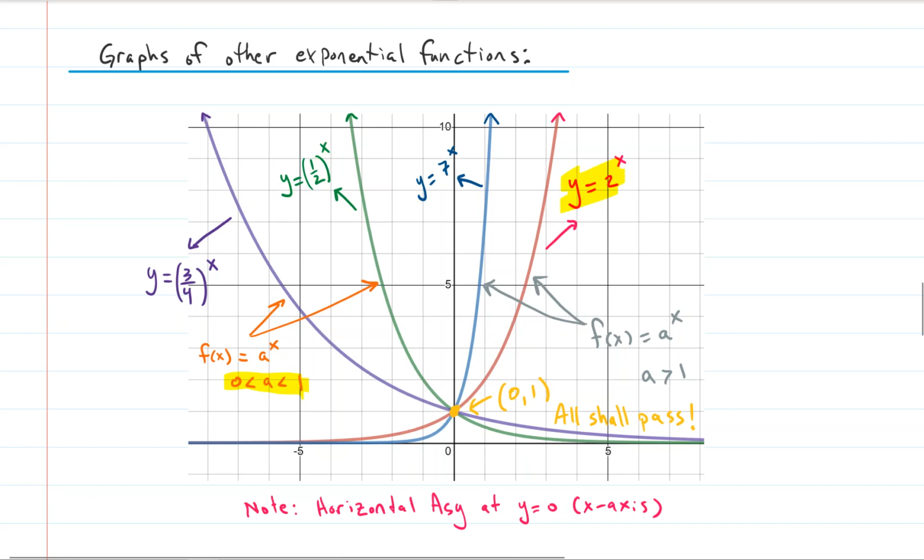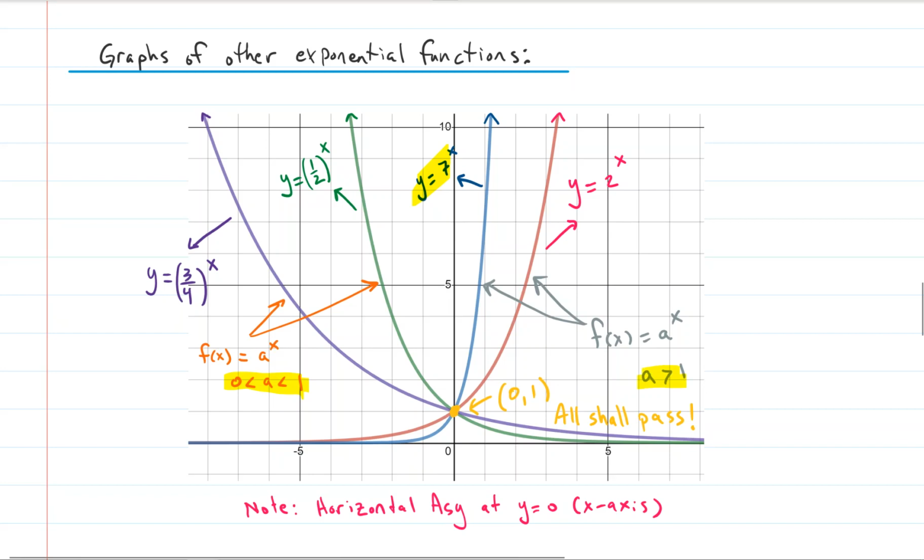You can see y equals 7 to the x also. And notice the larger the base, the quicker it rises up. So the blue graph here rises up quicker than the red graph, which is y equals 2 to the x. And both of these two that rise up to the right and down to the left, they both have base values that are bigger than 1.